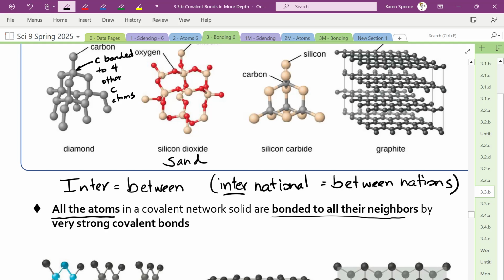we also, in graphite, have another type of force called an intermolecular force.